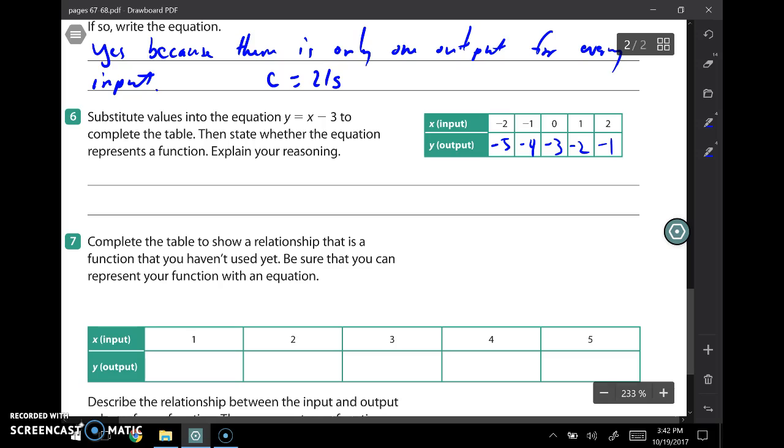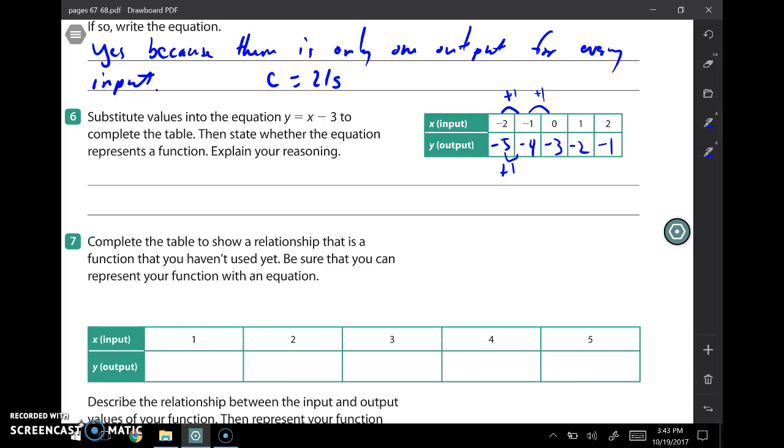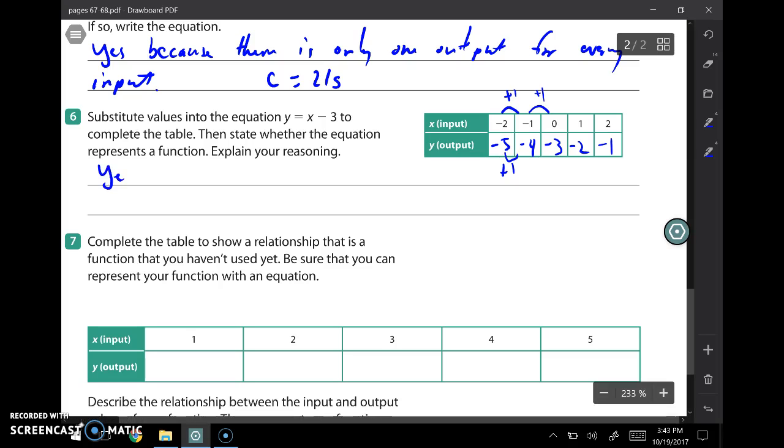Every time I go up 1 on my input, I am also adding 1 to the output, so there is a constant rate of change. And my equation is output is equal to the input minus 3. That's my rule. So is this a function? Yes.